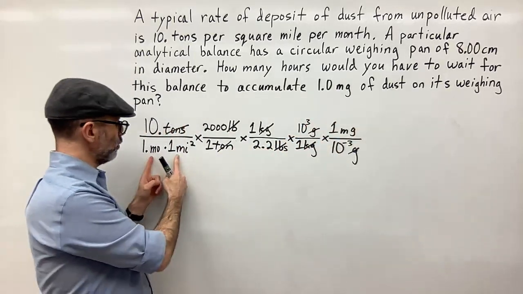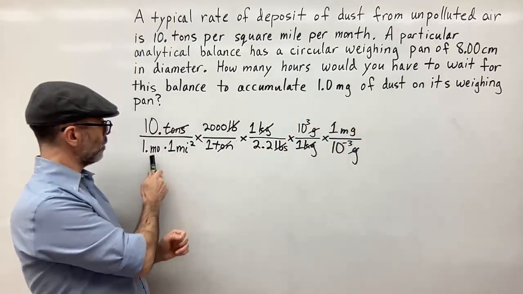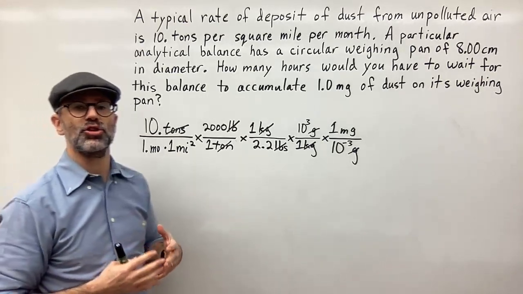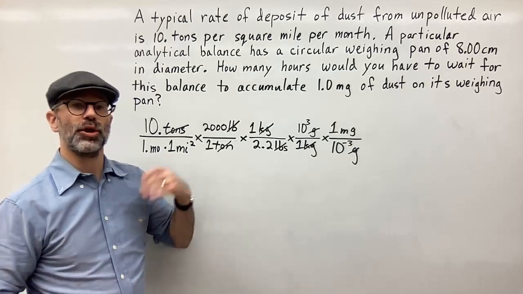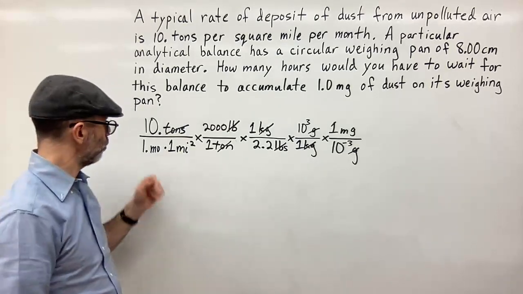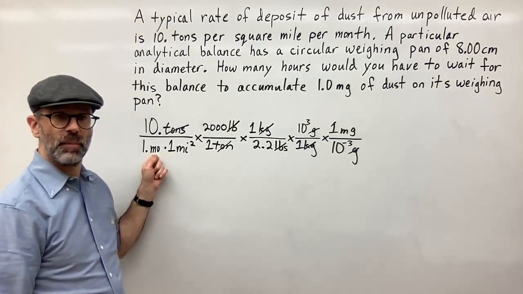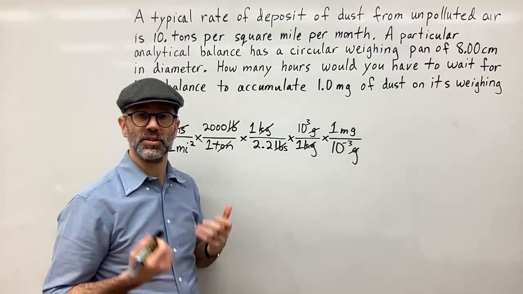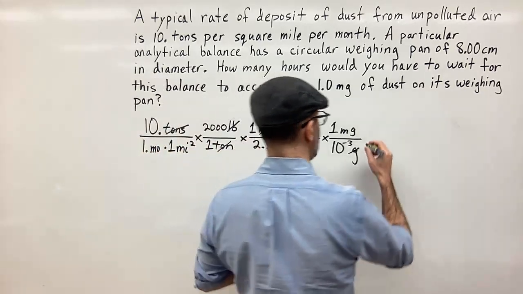Now I want to convert these as well. So I'm going to convert month into hours. And here we're going to assume that 1 month is equal to 30 days, a lunar month, right? So we'll convert month into hours. So first, if we're saying that 1 month is 30 days, we're going to convert that to days.